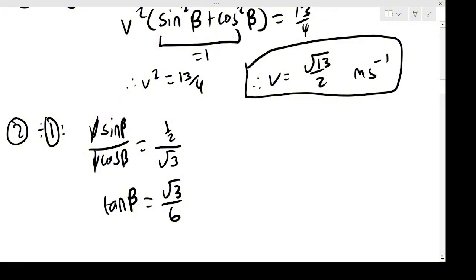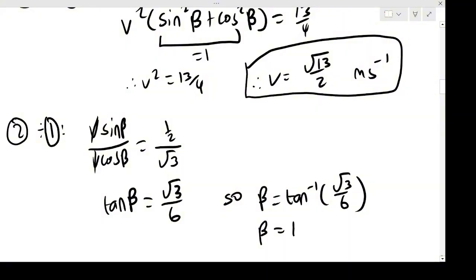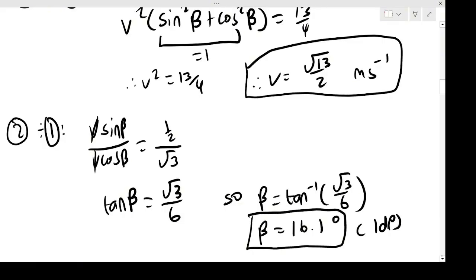Therefore, I can get beta by doing inverse tan of this. And so if I do that, I get my angle to be 16.1 degrees to 1 decimal place there. Okay, so there we are.